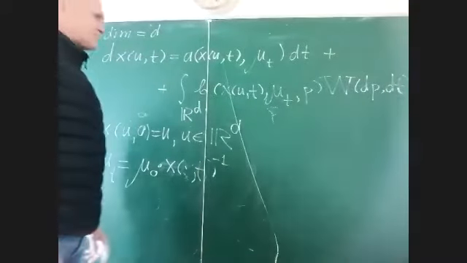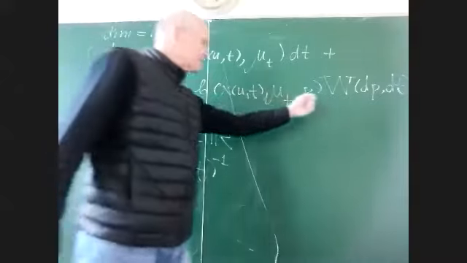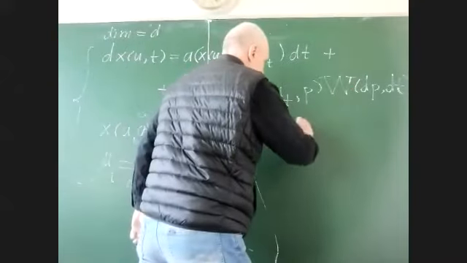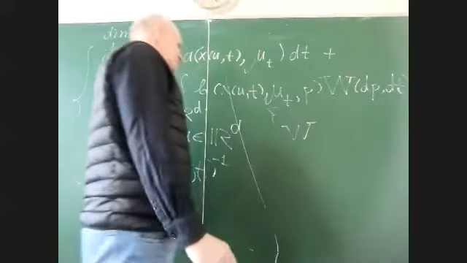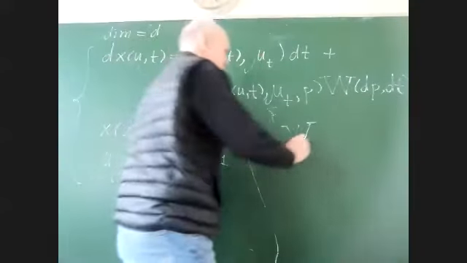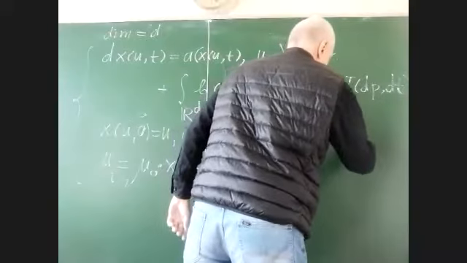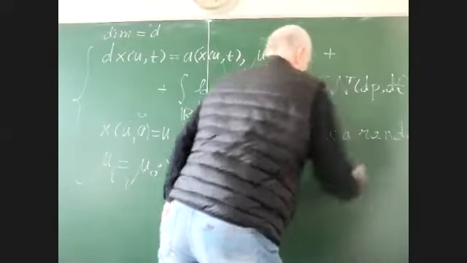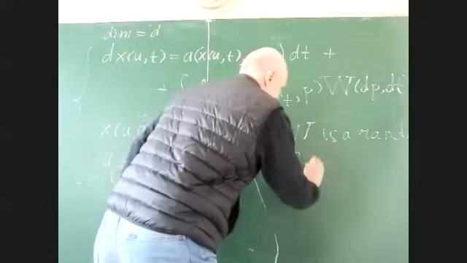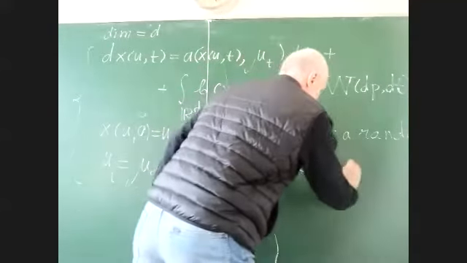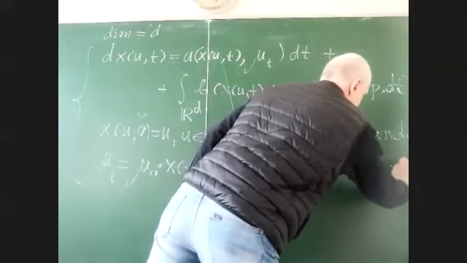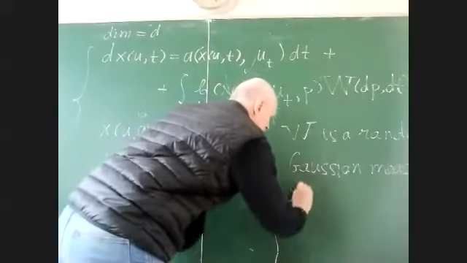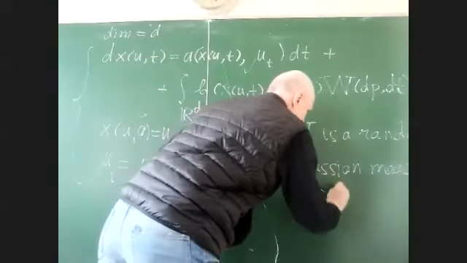So what is it? W is with shift. This is a Hauscher measure. It is a random Hauscher measure on space and time.